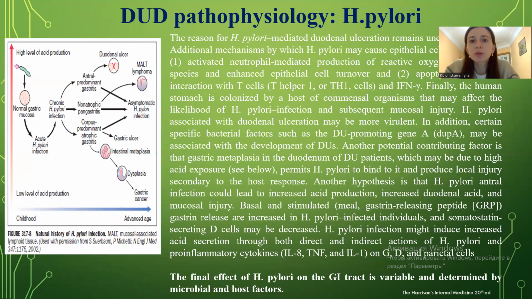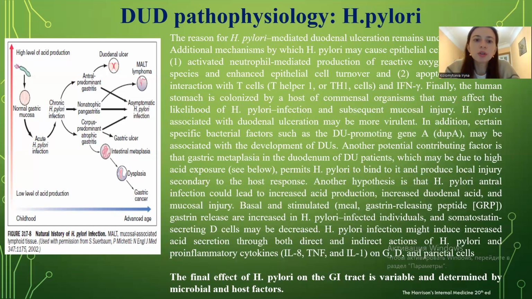Finally, the human stomach is colonized by a host of commensal organisms that may affect the likelihood of Helicobacter pylori infection and subsequent mucosal injury. Helicobacter pylori associated with duodenal ulceration may be more virulent.